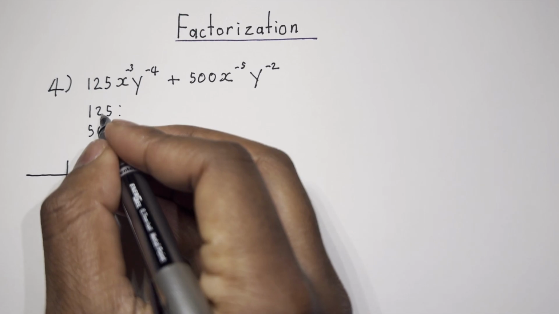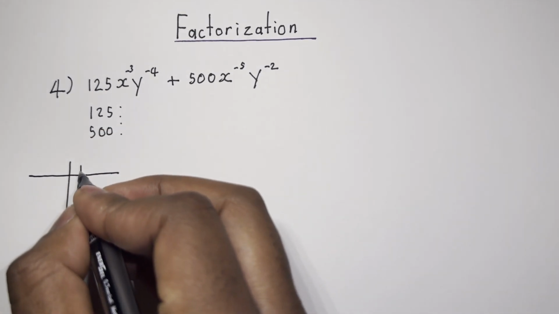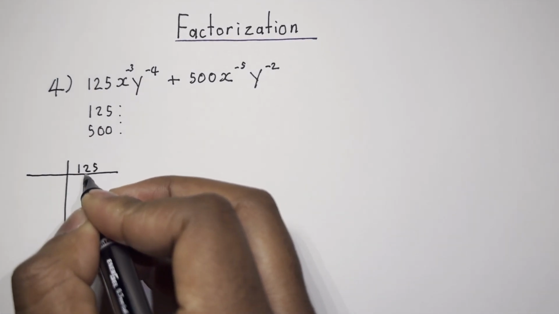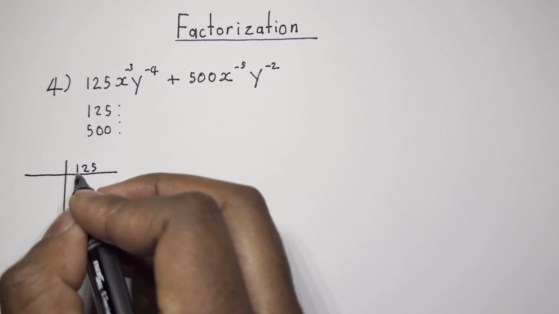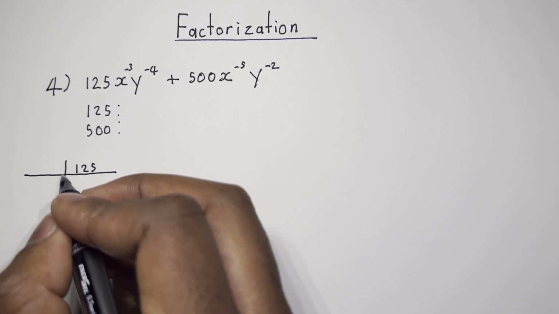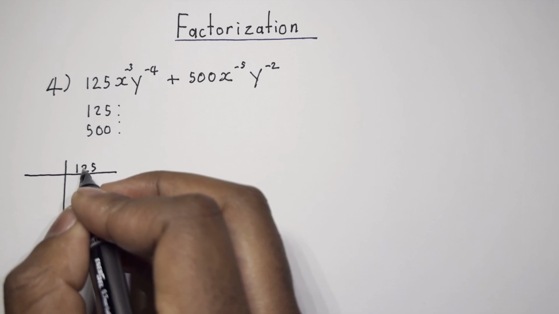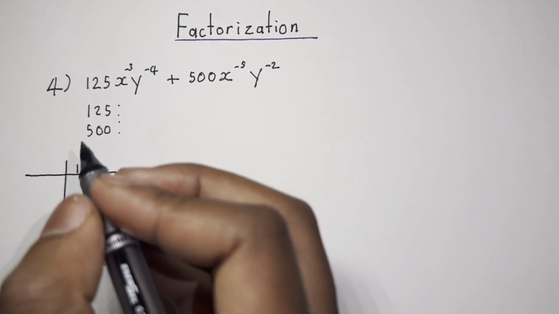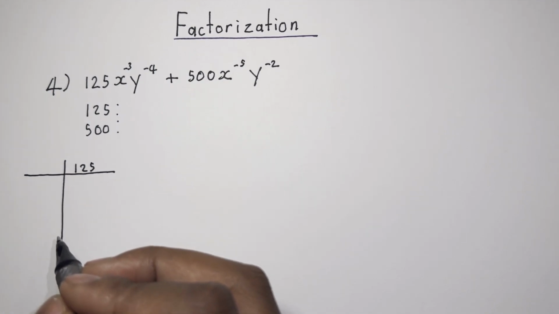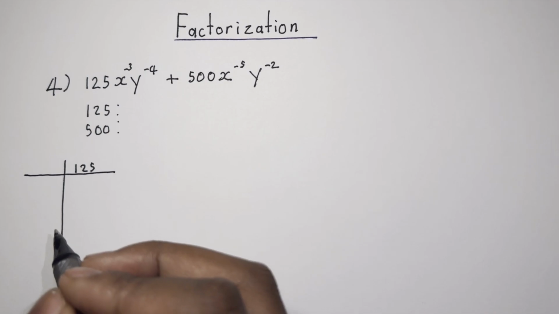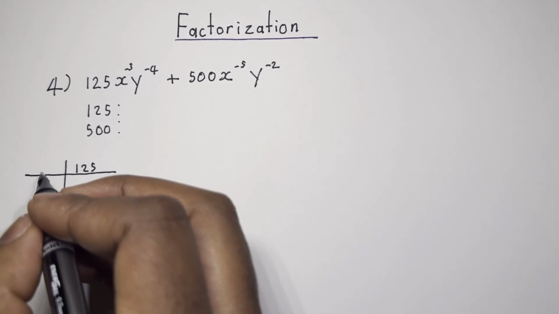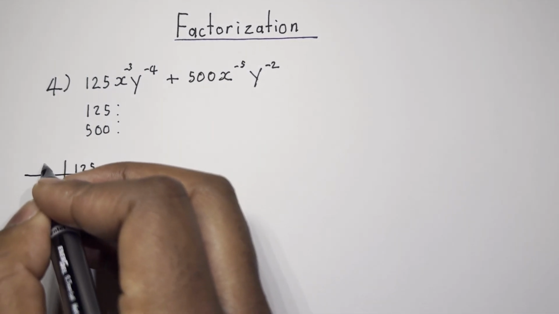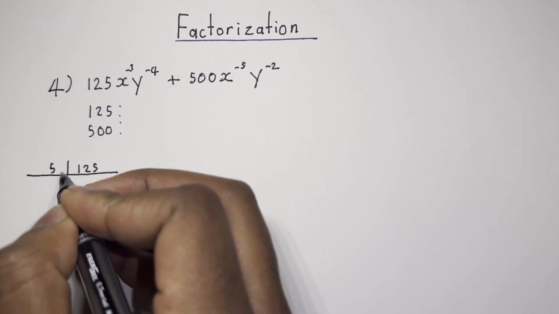So we're going to place the 125 here, and we're going to divide 125 by the smallest prime number that can go into it without leaving any remainder. A prime number is a number that has only two factors, which are 1 and itself. So the smallest prime number that can go into 125 is 5.